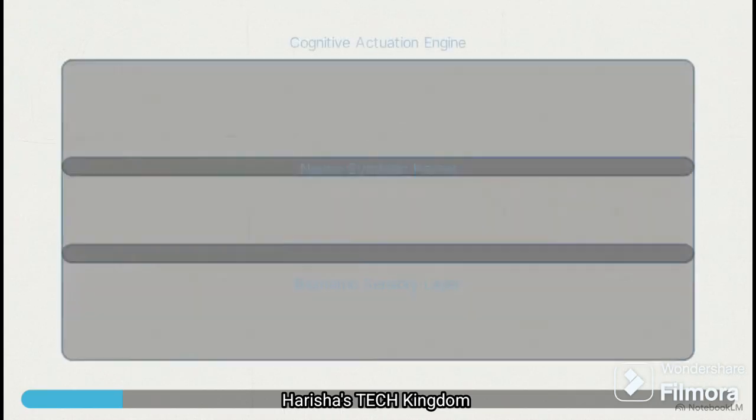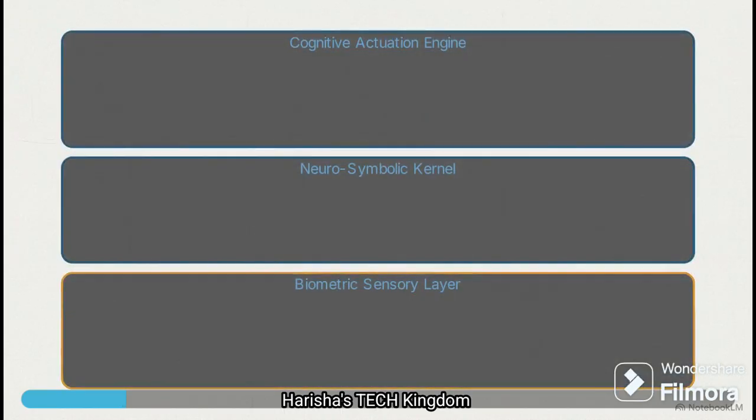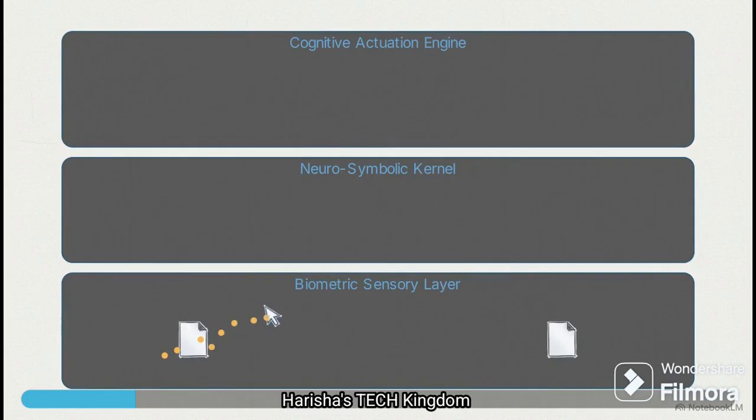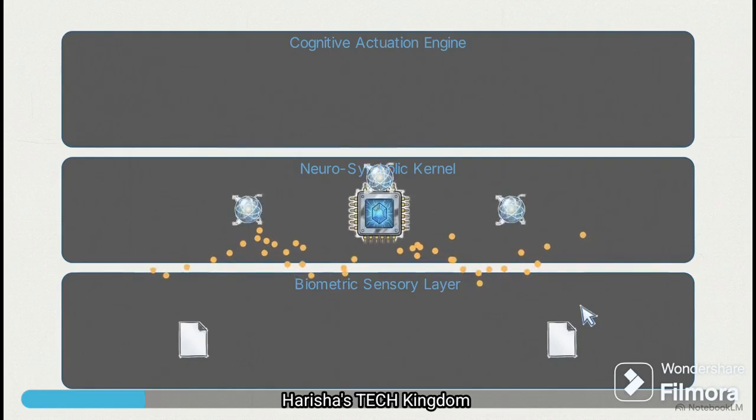The model operates across three distinct strata: a biometric sensory layer for inputs, a neuro-symbolic kernel for processing, and a cognitive actuation engine for outputs. The bottom layer extracts behavioral telemetry in real time, pulling raw interaction data directly from the browser session.